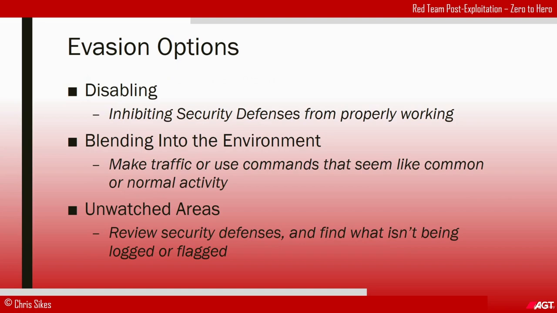This would sort of be like that spy movie approach of shooting down cameras, although it is very effective at preventing your tactic from being stopped by anything automated. It could be a major red flag for any active security defender on the network if they notice their defense is going down. This is probably not the best approach if you want to stay under the radar and you don't want your target to know you were ever even there.